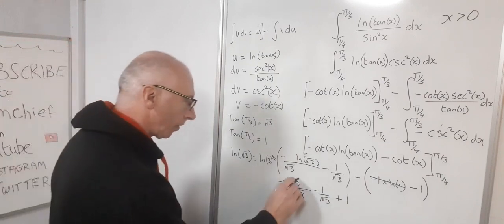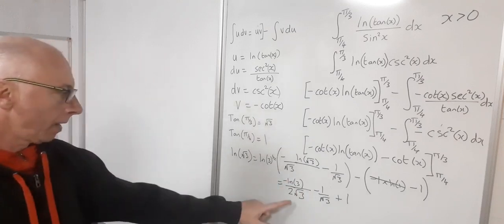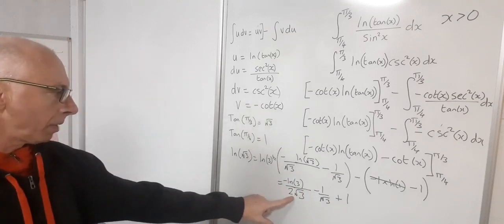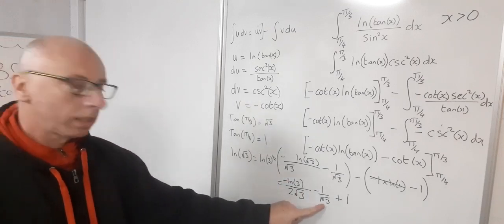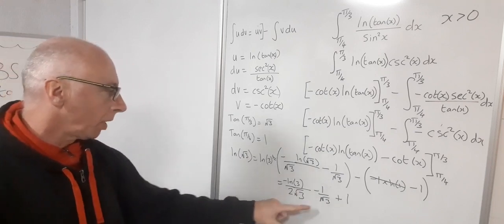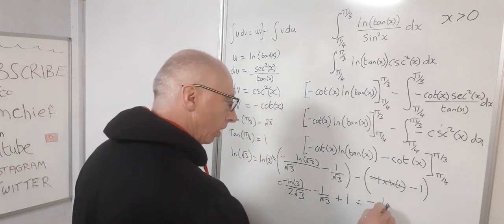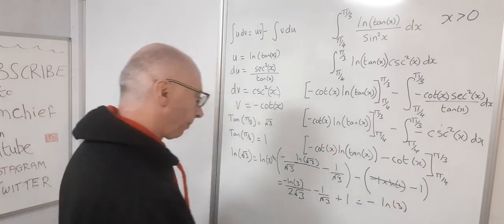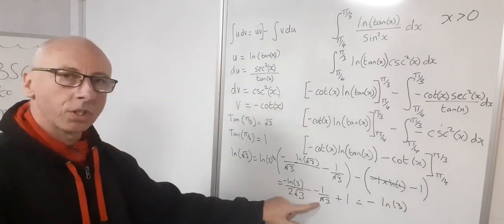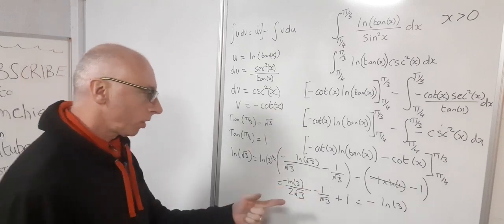Now, can we simplify this any more? I could multiply everything by 2 root 3 to get 2 root 3 in the bottom. So I could rewrite this as the negative log of 3, multiplied by 2, so now I can do minus 2.